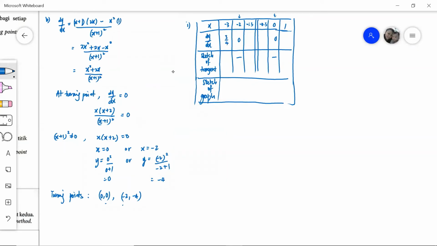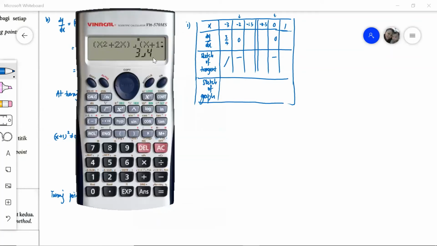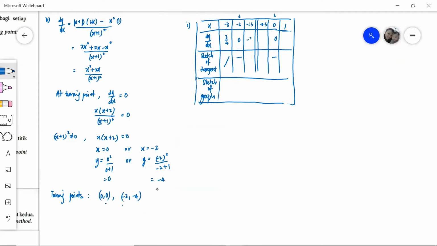When it is positive, the sketch of the tangent is going uphill. Then after that, -1.5 gives a negative value, so going downhill.